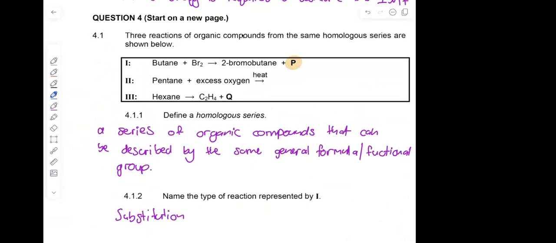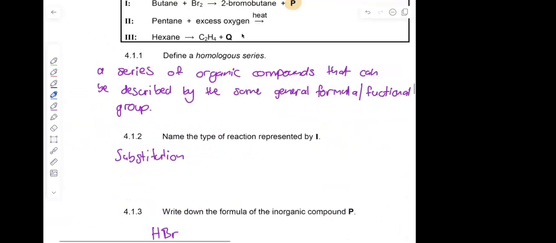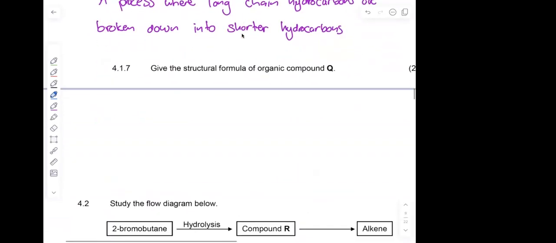So let's see how we can basically work our way to the answer of what that's going to be. I'll just rewrite that reaction down at the bottom again. So hexane is going to be C6H14, right? And hexane breaks down into C2H4 plus Q. I want you guys to tell me what is compound Q.